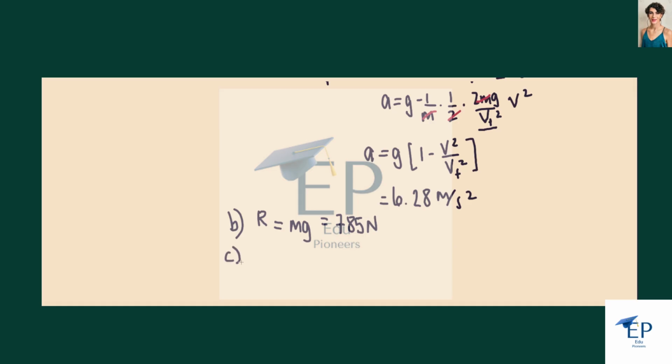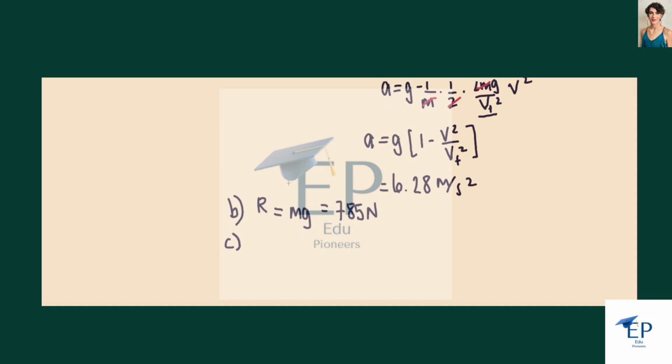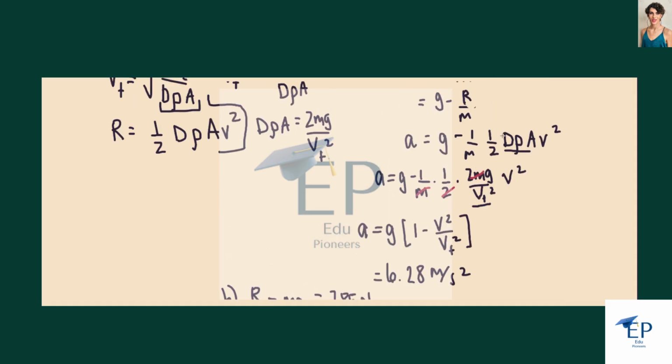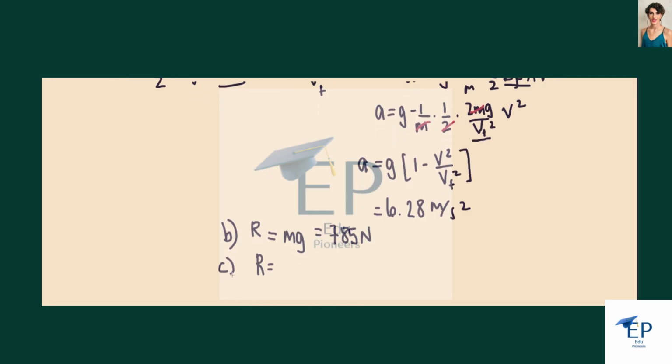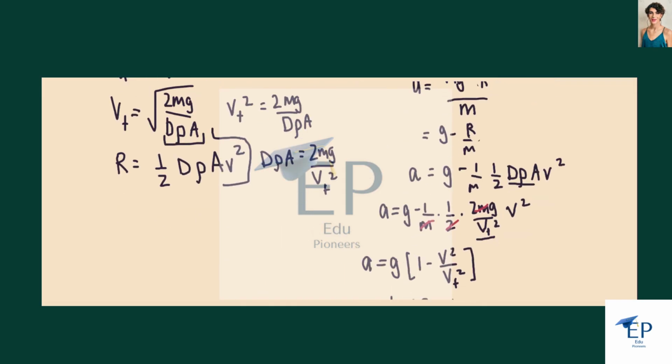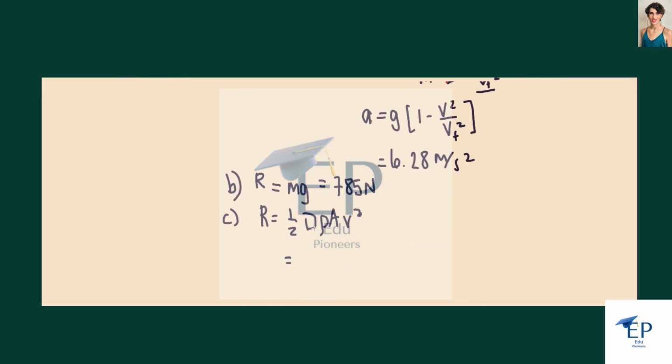And for part C, we want it when the speed is 30 meters per second. And so we know that R is equal to 1/2 D rho A v squared. And we know D rho A is 2mg over v terminal squared. So I'm just going to sub in for this.